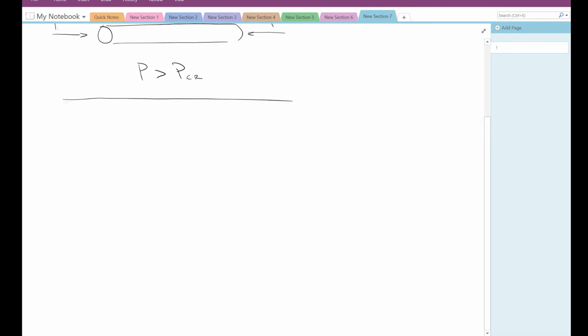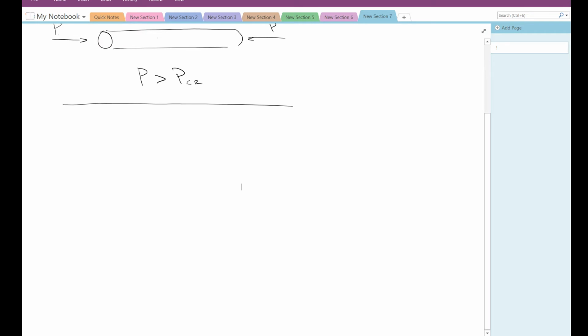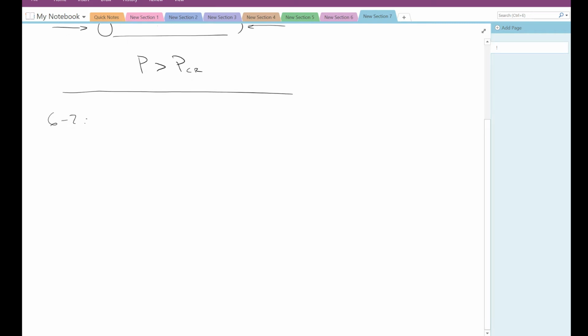So the first thing we're going to look at is the properties of a cross-section of a column. This is section 6-2. So what's important when we look at a column or a member that we're going to evaluate for buckling?